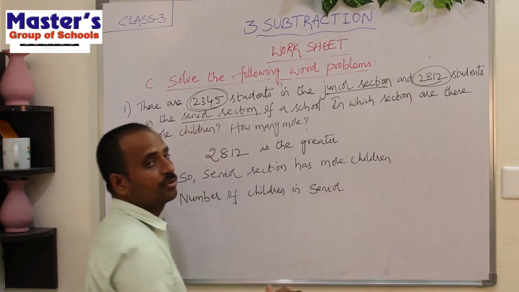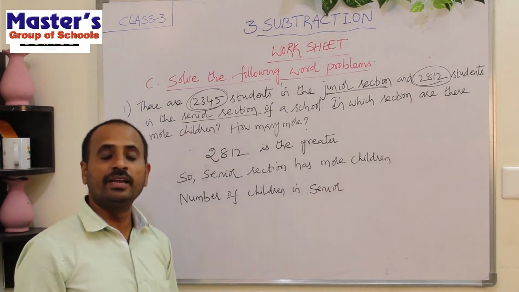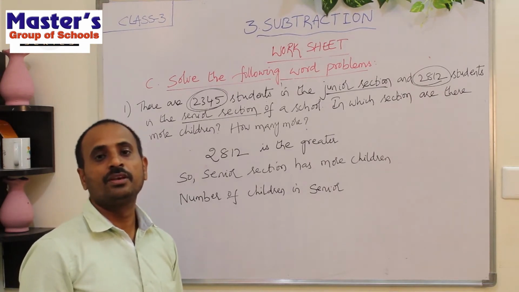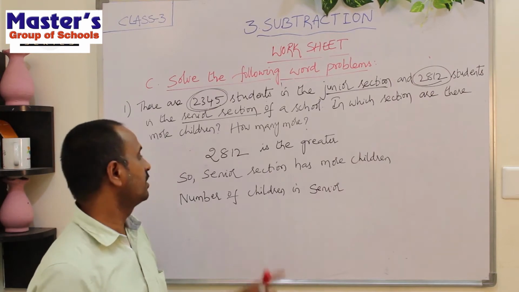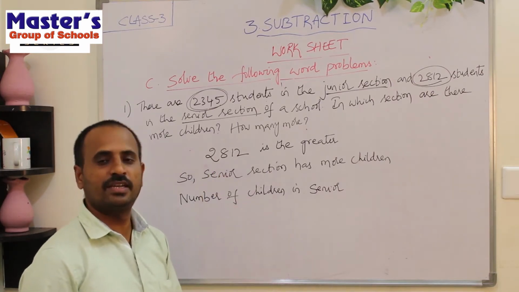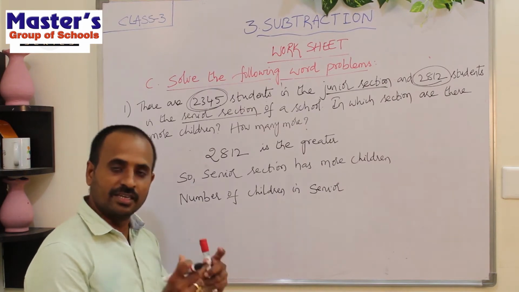So first we have to write the number of children in the senior section, because while doing subtraction we have to write the greater number first. Which is the greater number? 2,812 is the greater. That means we have to write the children in the senior section first.